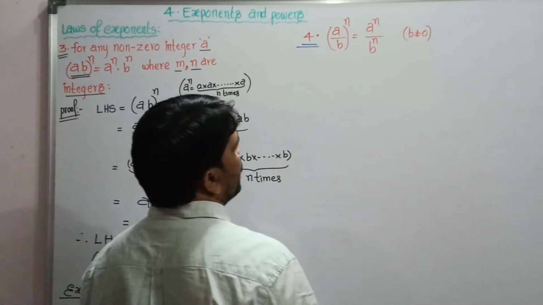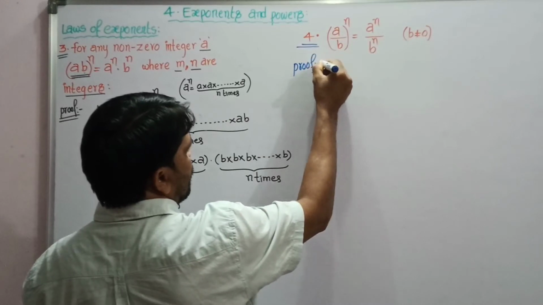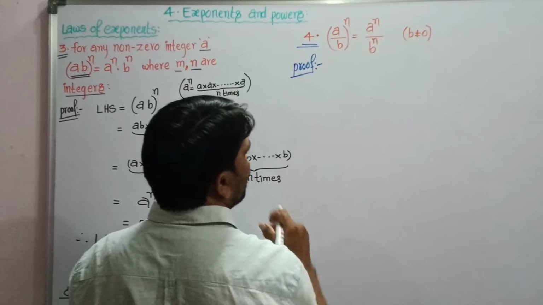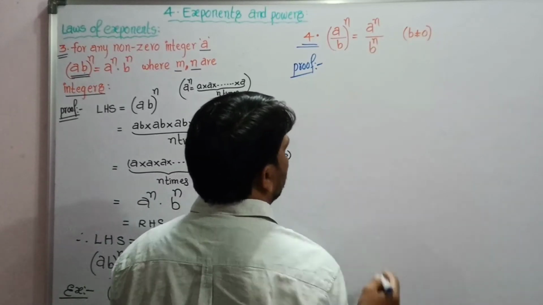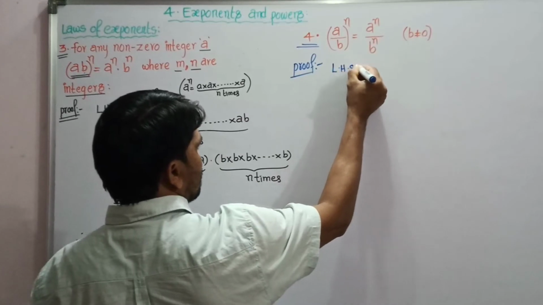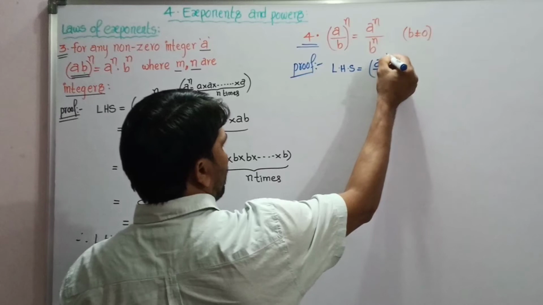Next, the fourth law of exponents. Let us see the proof of this one. (a/b)^n = a^n / b^n, where b must not be equal to 0. Consider the LHS, which is (a/b)^n.